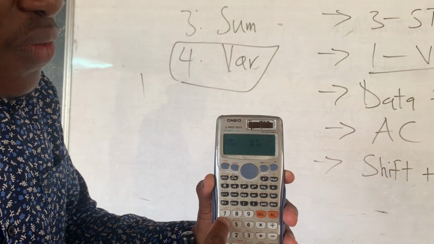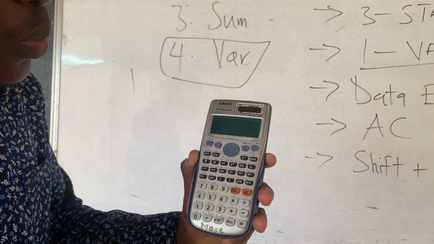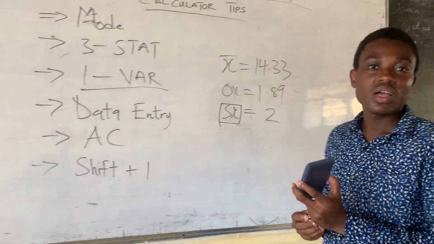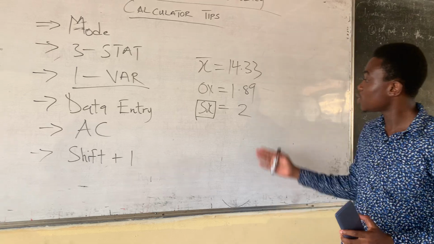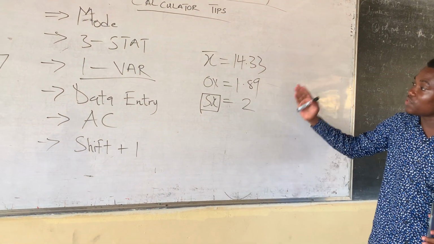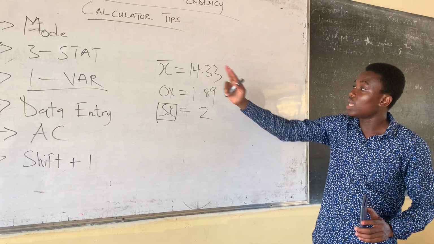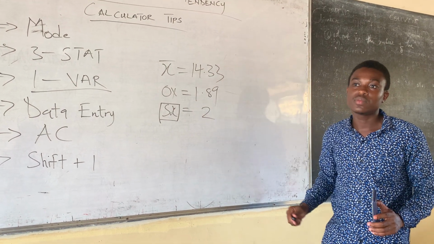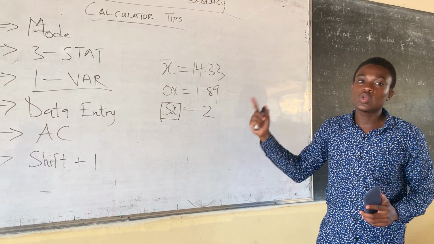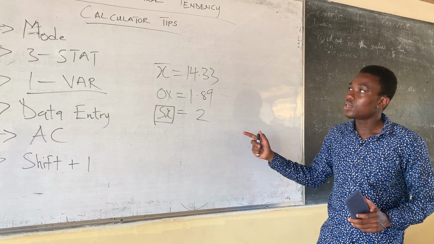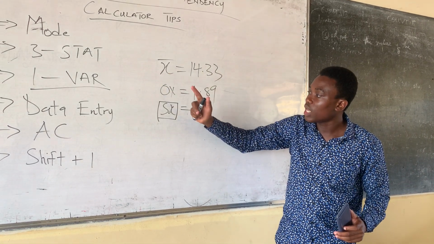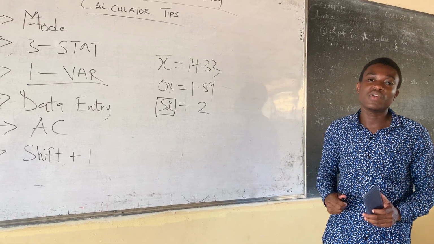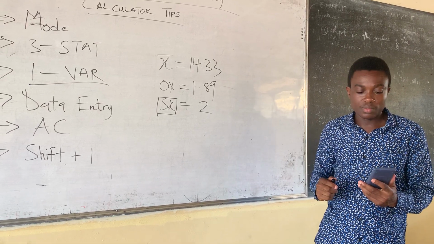So you select option 4, press equal to, and that gives us 2. Our sample standard deviation is 2. Population standard deviation 1.89, and then our mean is 14.33. So we have been able to use the calculator to solve for the mean and standard deviation with the raw data that we were provided in the beginning.